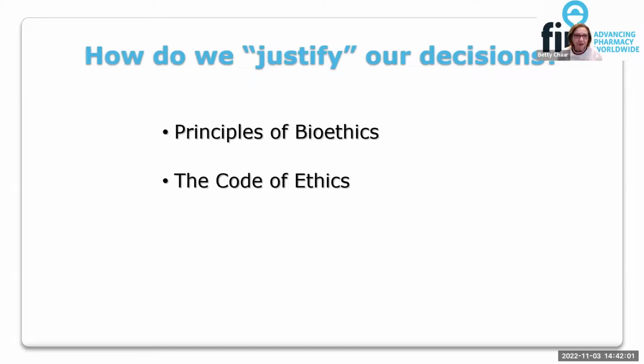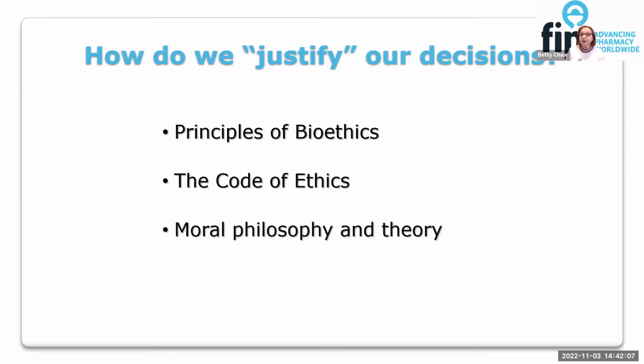But remember the principles that will help you from that code. And if all else fails, you could always go back to general moral philosophy, what's right, what's wrong, and theory. Sometimes it's something like the greater good for the greater number, or social justice. That helps. It's not very specific, but it still helps to justify a decision if you don't remember, for example, the principles of bioethics in healthcare.